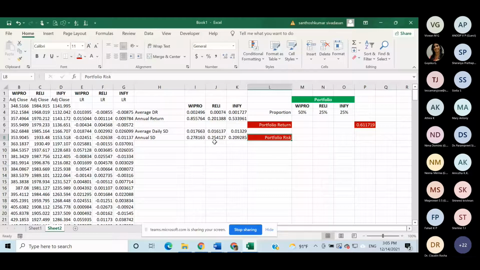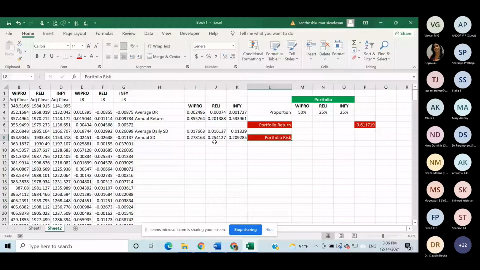The portfolio risk, you have to compute how the securities involved in the portfolio are interactive, the interactive risk when the portfolio changes. So its computation is a bit difficult or confusing than the straightaway computation of portfolio return. It is simply the weighted average. So you cannot take the weighted average of annual standard deviation as the portfolio risk.